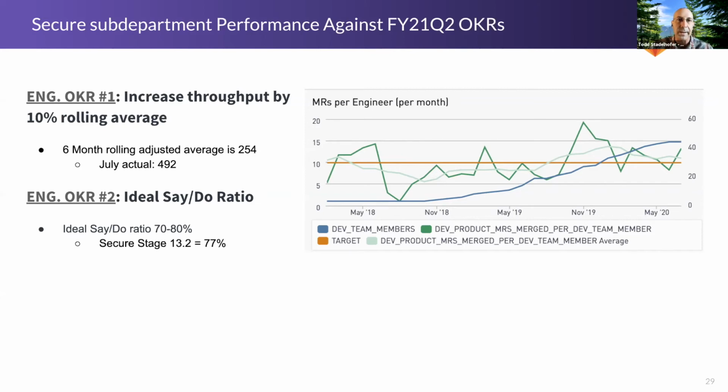So we had approximately 180 CVEs that we had to modify to get caught back up. So that's why the July numbers are exceptionally higher than we were expecting. And then for the second OKR, for 13.2, we came in at 77% for our say-do ratio.